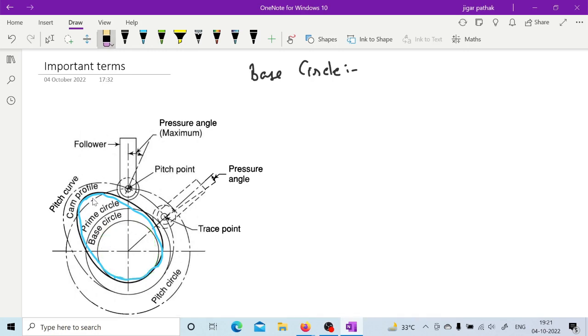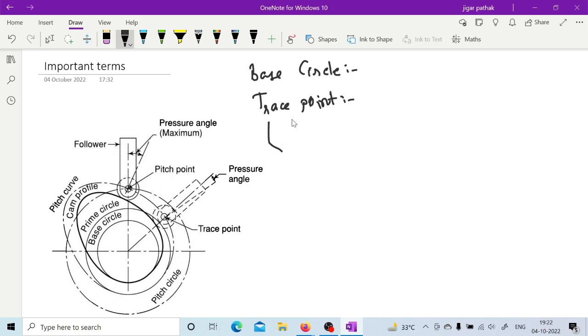After the base circle, the next important thing is the trace point. So what is the trace point? The trace point is basically a particular point on the follower which you trace throughout the rotation of the cam. In the case of a knife edge follower, it is the tip of the knife edge.